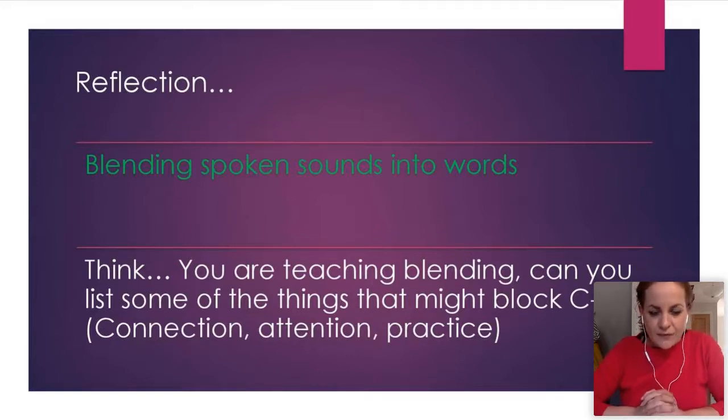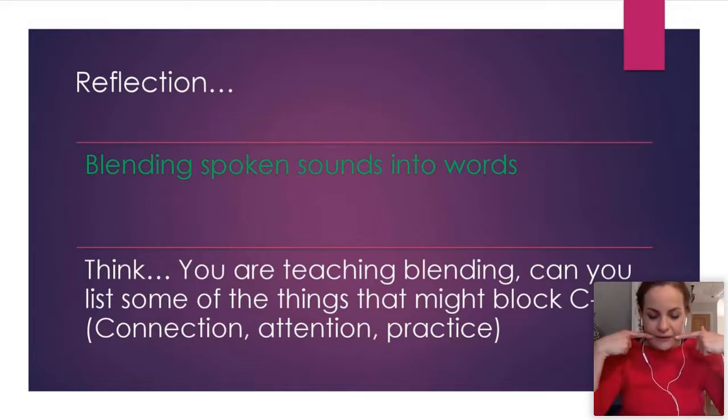So I'll share a couple with you, which you can jot down. Potential barriers for connection might be trying to blend the sounds too quickly or too slowly. Another potential barrier is that we don't check the sounds that children are finding really tricky to pronounce. Potential barriers for attention, that they can't see your mouth when you are blending.